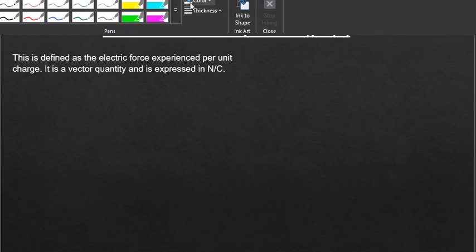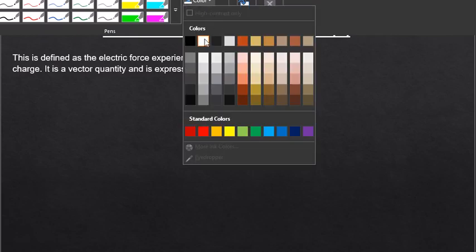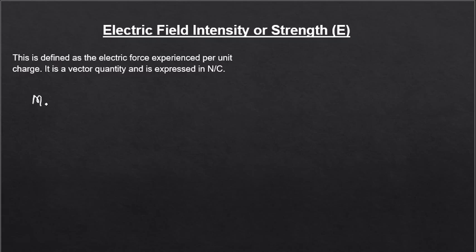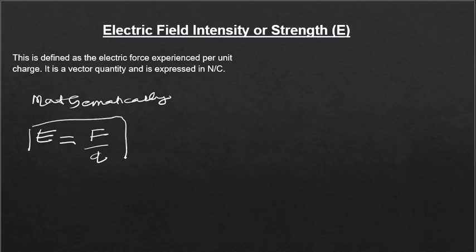So here we can simply say, mathematically, E, which is the electric field strength or the field intensity, is equal to force experienced per unit positive charge. So if we take this as our basic formula for the electric field strength or intensity, call it.